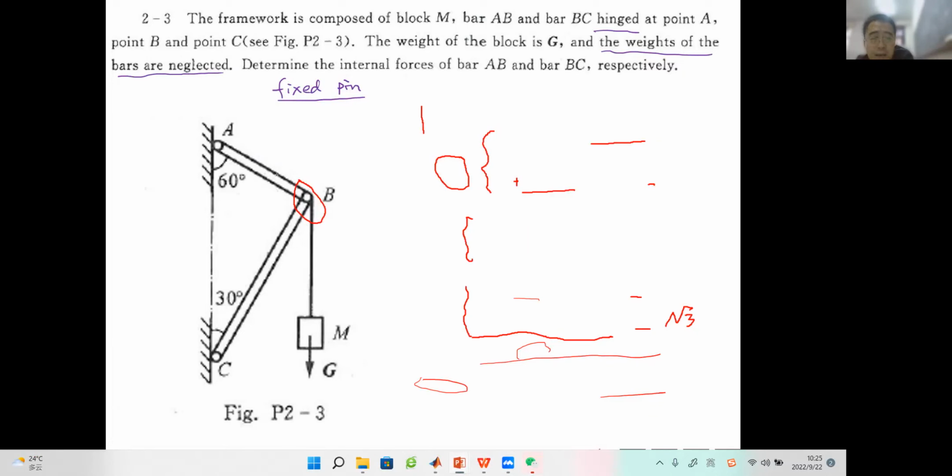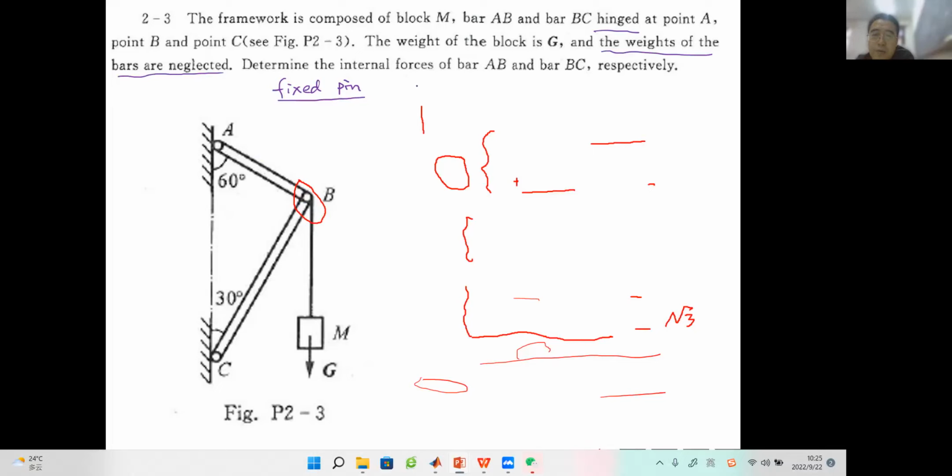If we have a rod that only has forces acted at 2 points, like AB at A and B, and it is in a state of balance, and its weight is neglected, then we should think that AB and BC will be double force balanced rods.